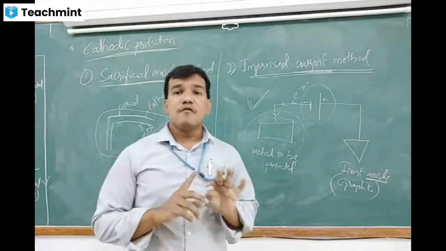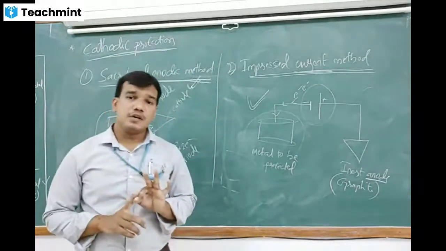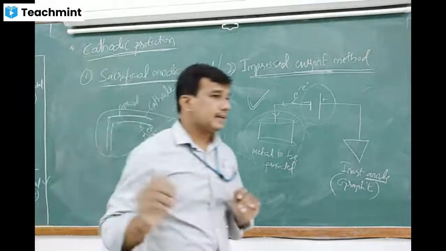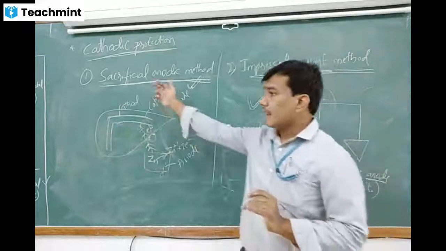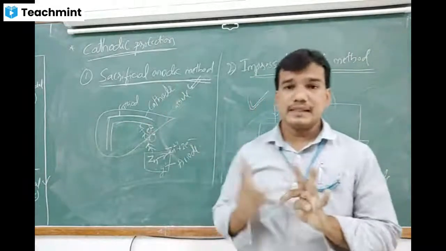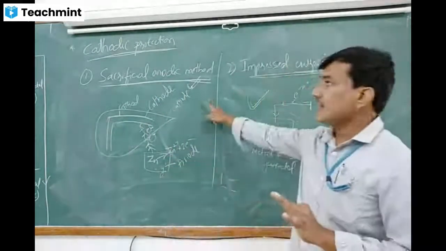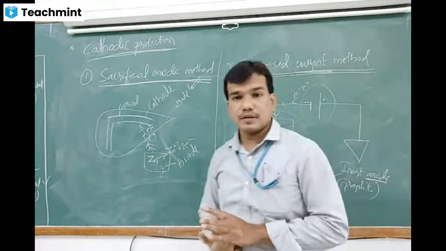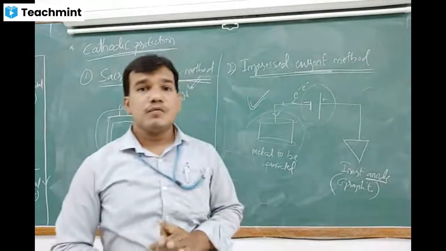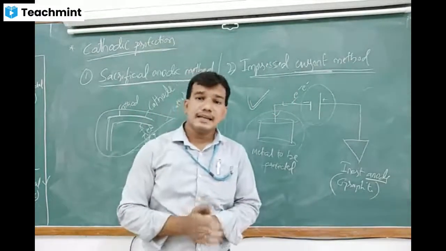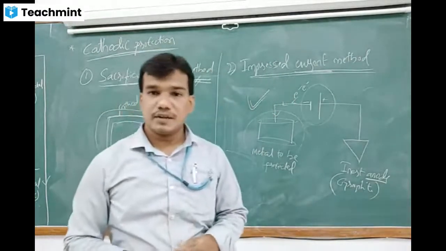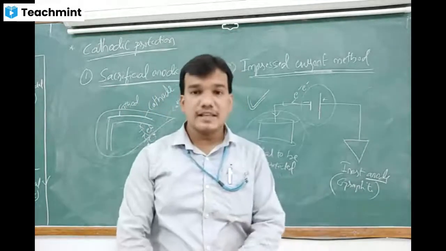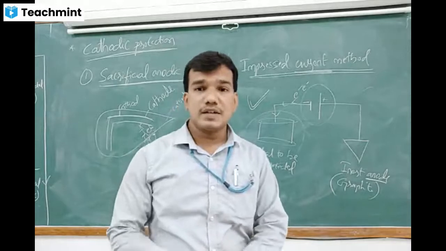Then factors affecting the rate of corrosion, primary and secondary factors, and corrosion control: anodizing of aluminum, galvanization, and cathodic protection. These are all important. Tomorrow we will discuss the next unit, metal finishing. If you have any doubt you can ask, otherwise we will close this session.